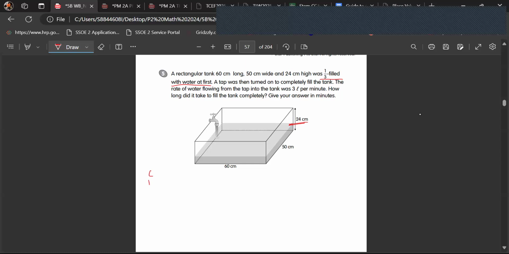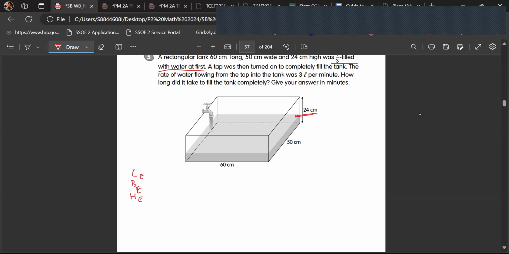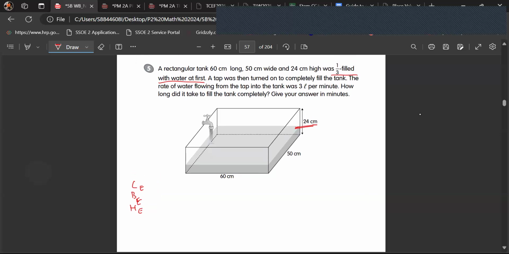We have length, breadth, height. Do you remember what this acronym means? Length, breadth, height. And then this is 60 centimeter. This is 50 centimeter. And this is 24 centimeter.